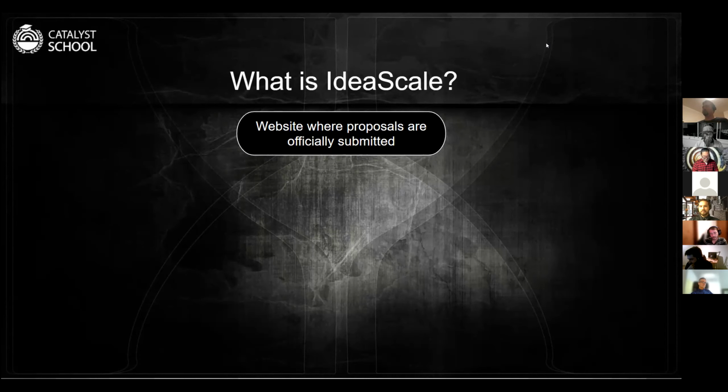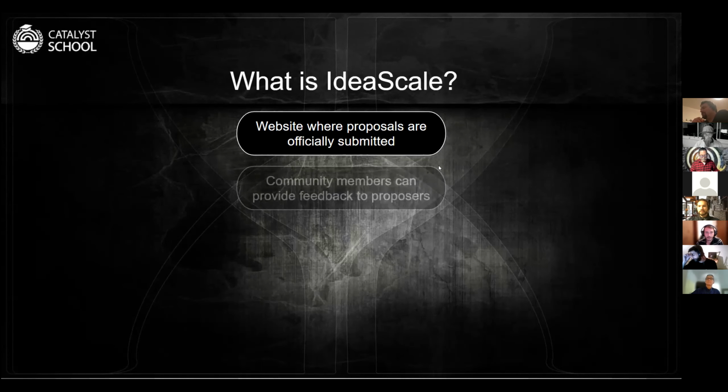It is the platform that we use to submit the proposals, to do the insight sharing phase, and to comment on proposals. It's also where the CAs assess the proposals and where the results are published after. Not only there, they are published in Telegram and Discord and some other channels, but they are archived there. So you can access ID scale and check all the results since Fund 1, for example.